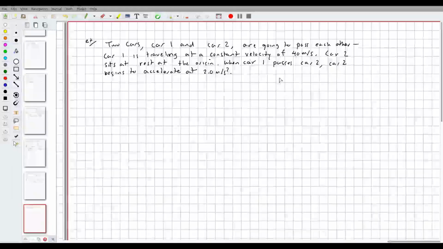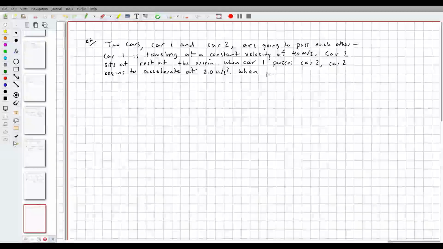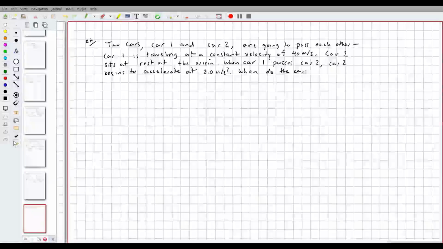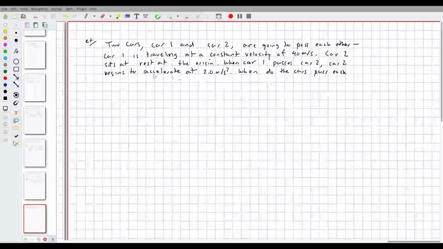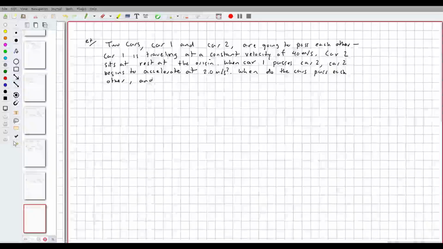What I'd like to find is the following. When do the cars pass? And where?